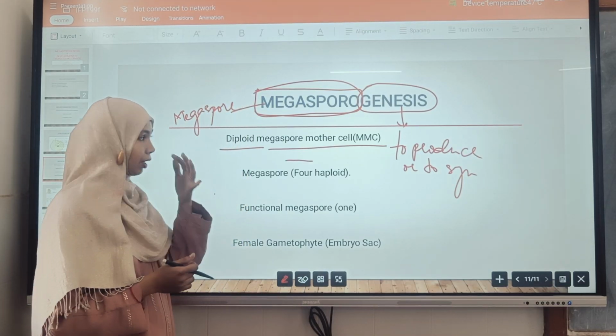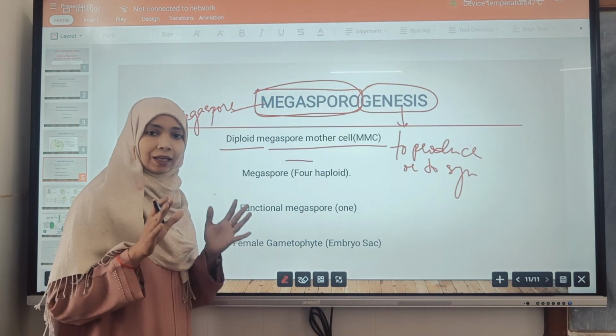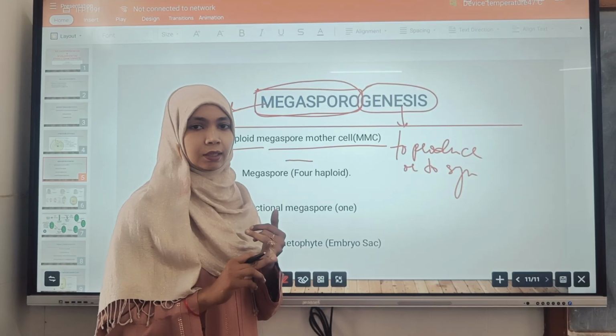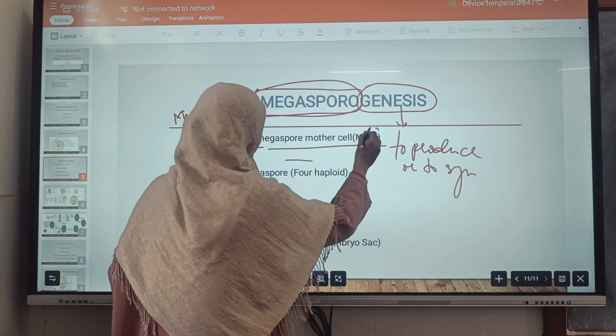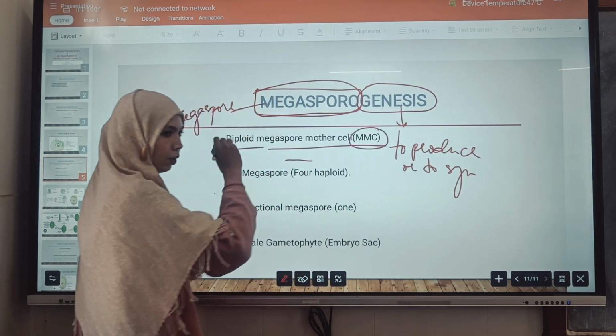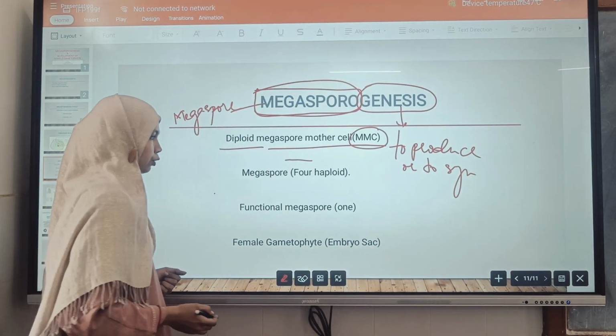If we define this, megasporogenesis means the formation of megaspores from the diploid megaspore mother cell, which is commonly called MMC for short.